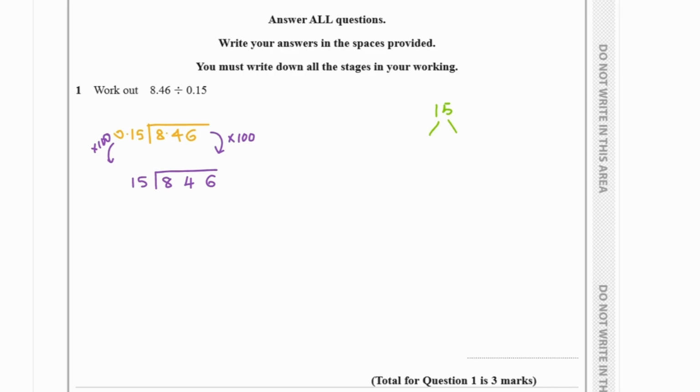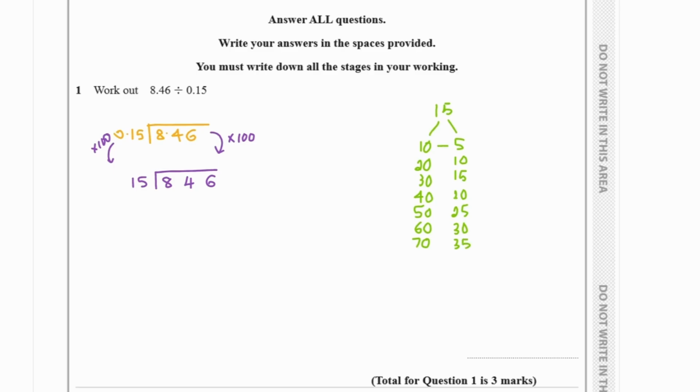Whenever we are looking at the times table of a two-digit number, we can work this times table out by partitioning the number. So this can be partitioned into 10 and 5, which means we're first looking at the 10 times table, so we could quickly write that down. And the 5 times tables would be 5, 10, 15, 20, 25, 30, and 35.